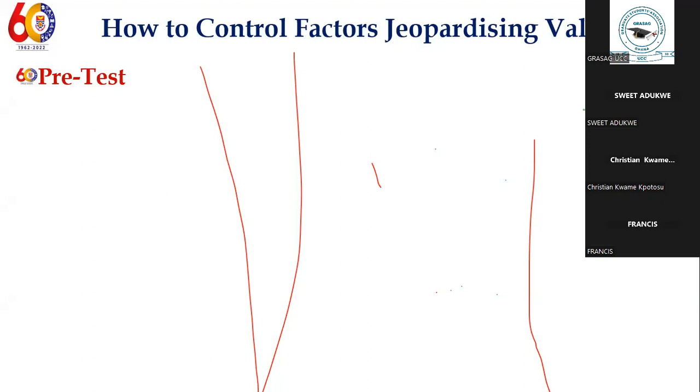So the pre-test before the experiment begins can aid or control for differential selection by determining the presence or knowledge of the experimental variable before the experiment begins. So the reason why we conduct the pre-test is to know the people's entry behavior.